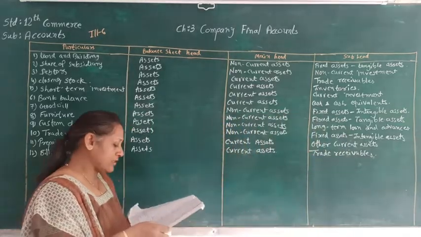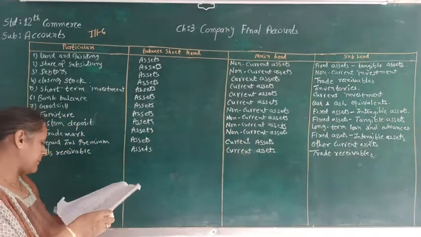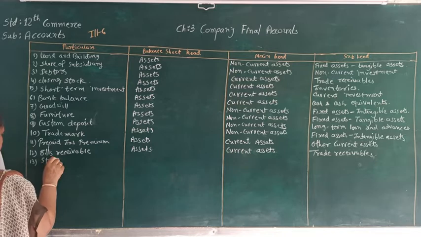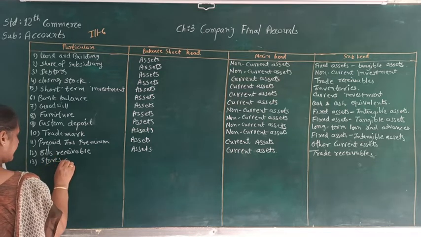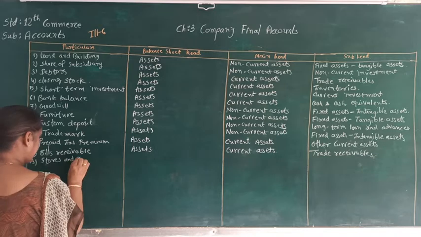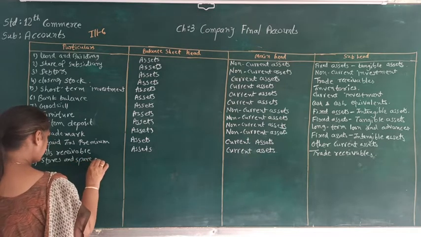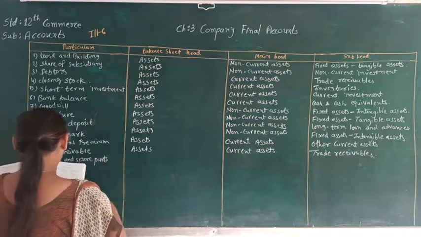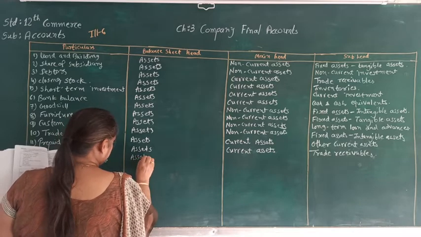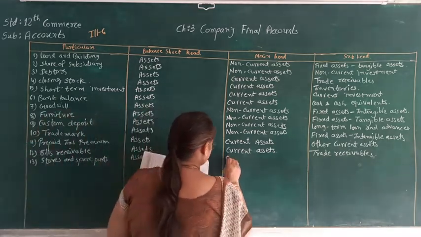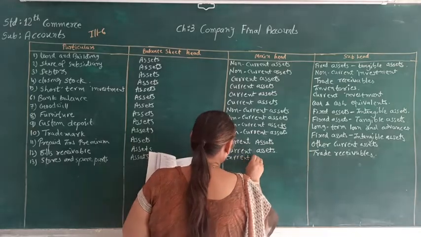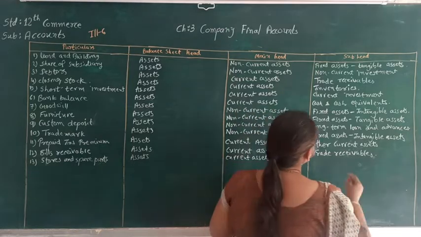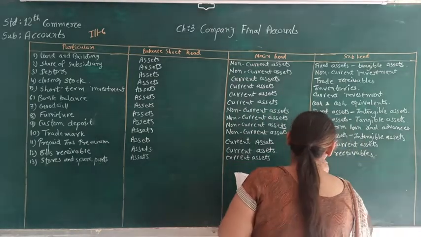And after that, another is store and spare parts. Number 13 is store and spare parts, and that is again a current asset. And under the current asset, it will be shown as inventory.